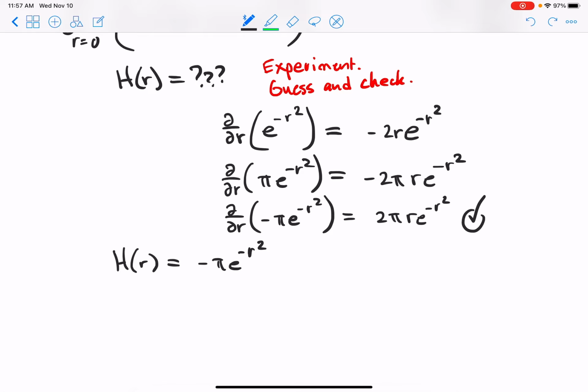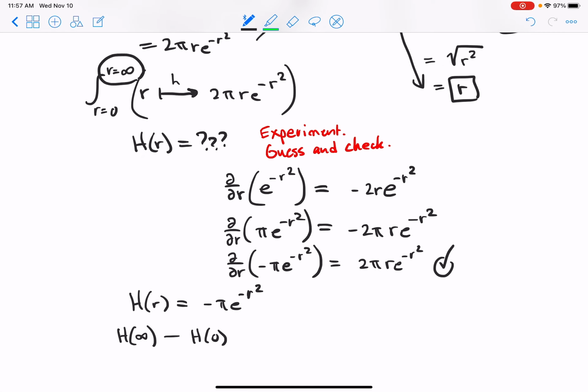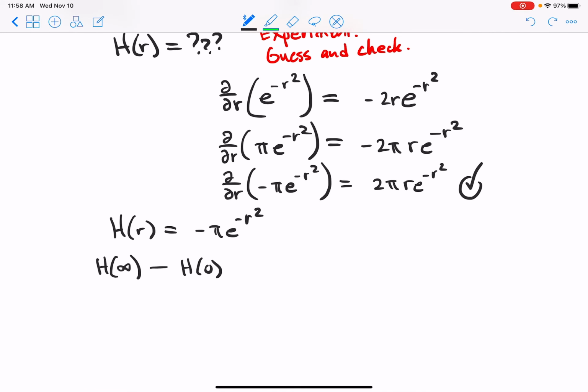Great, so then the fundamental theorem says that I can plug in at the endpoints. Now, of course, my endpoints here are infinity and 0. In Math 200, you will learn about limits and sequences and series in more detail. And we'll see that to plug in infinity really doesn't make sense, but rather to take a limit of some variable as that variable goes to infinity will make sense. But for now, we're just going to plug into this function.